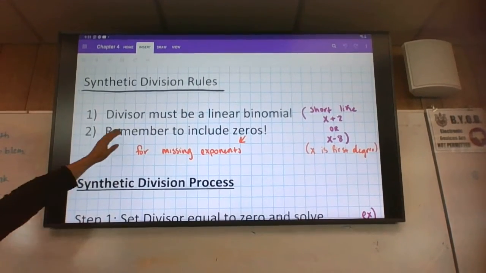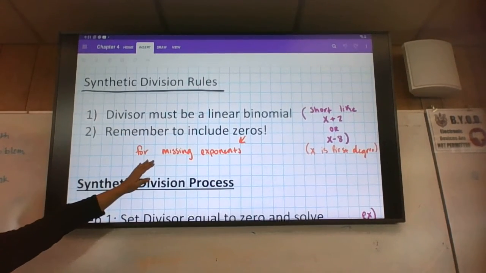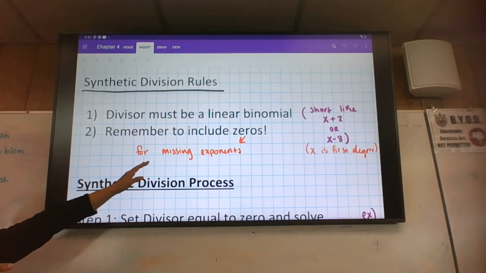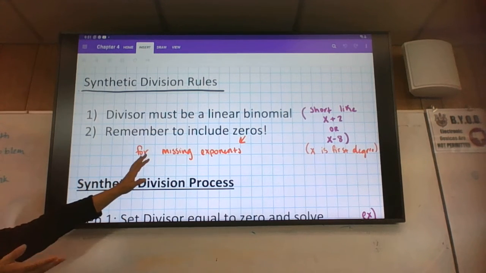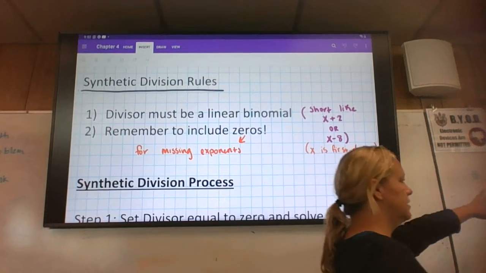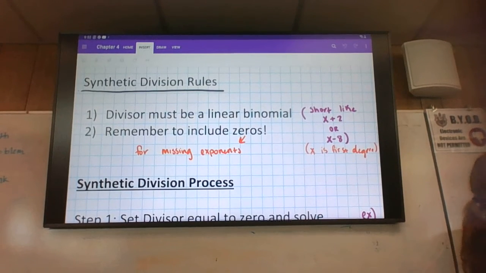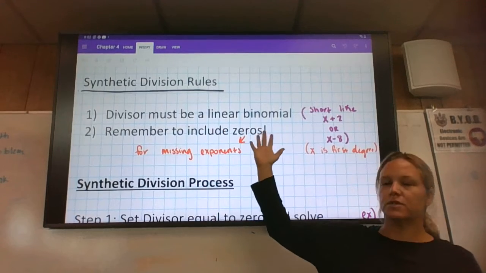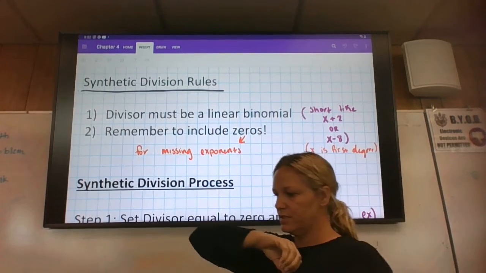The other rule is that you have to include zeros for missing exponents, just like long division. So those zeros are super important here. Remember to put in zeros.